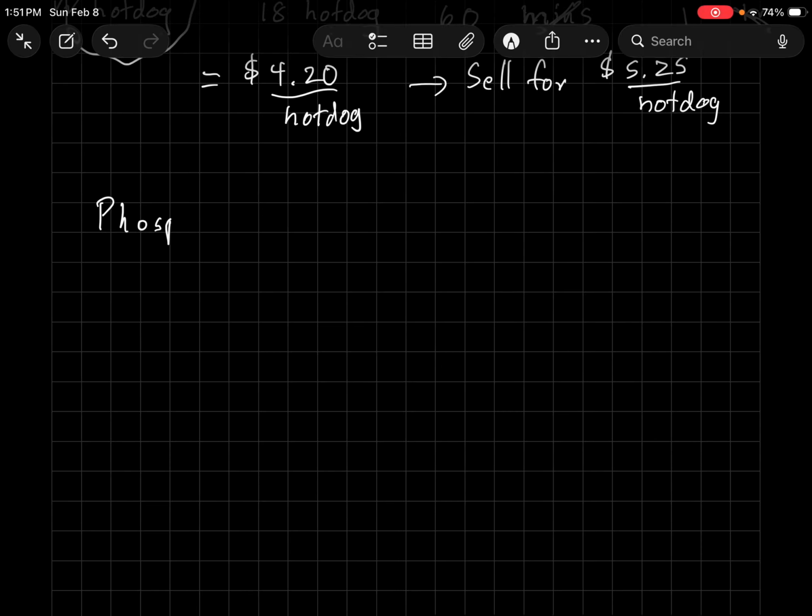Let's just say it's pure phosphorus. So now we kept it stable. And then we have 158 kilograms of this. And I want to know how many atoms are in 158 kilograms.